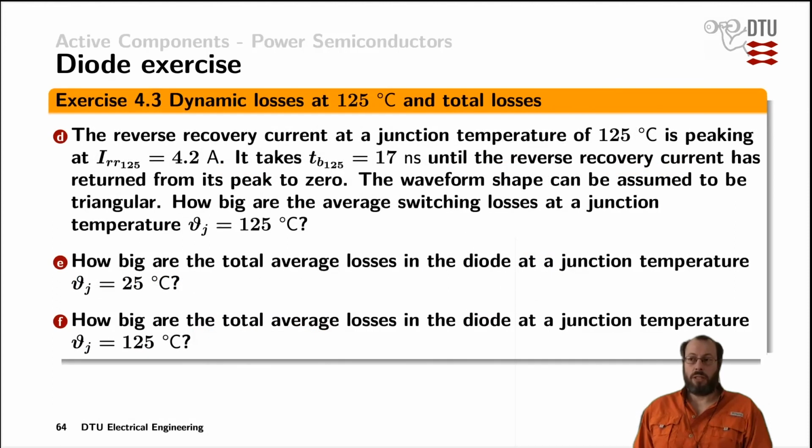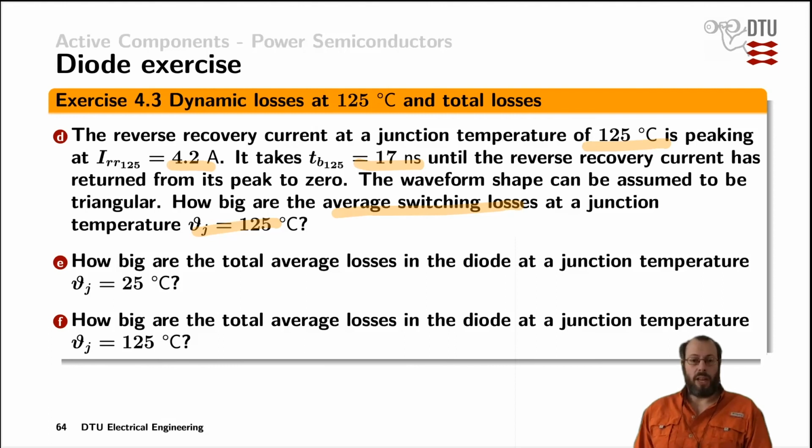The same question as we've just seen for the reverse recovery at 25 degrees is repeated here for a junction temperature of 125 degrees. Again, we read out the reverse recovery peak current to be 4.2 amps, and the time TB has changed from 10 nanoseconds to now 17 nanoseconds at a temperature of 125 degrees C. So parts C and D of the question ask for the average switching losses at two different junction temperatures.